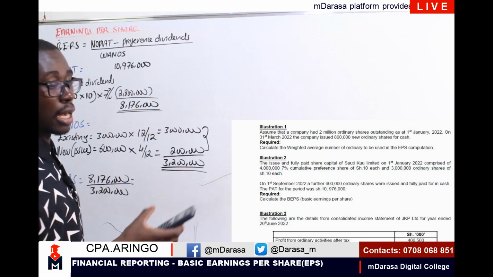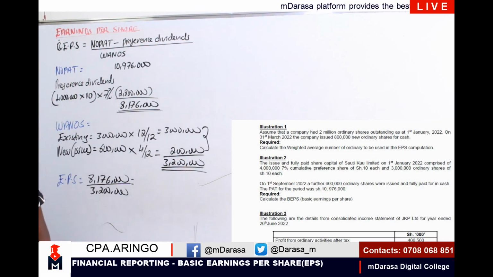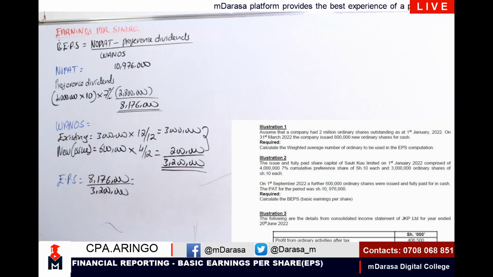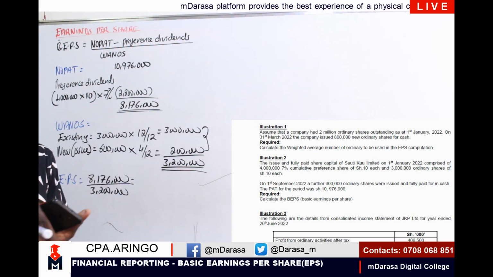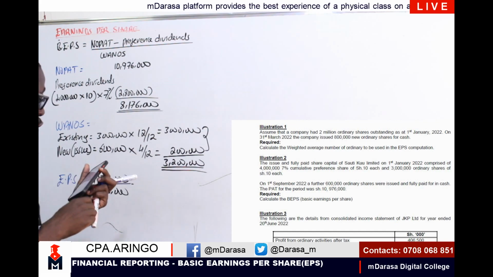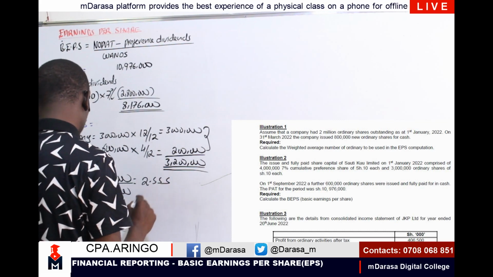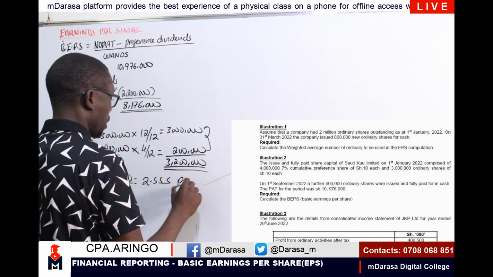This should give us what? I'm getting 2.5555. Unless there's one who is getting a different figure. Mwalimu here is getting our EPS to be 2.555 per share.